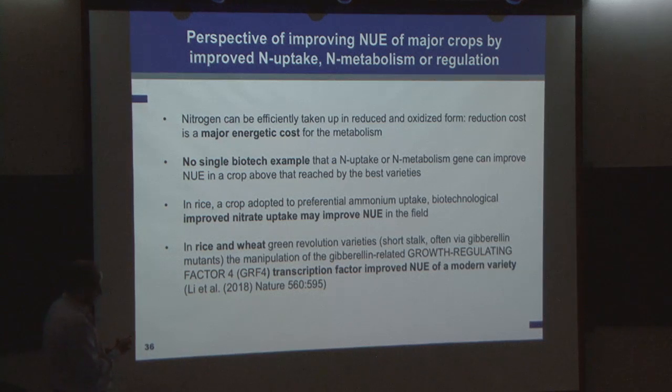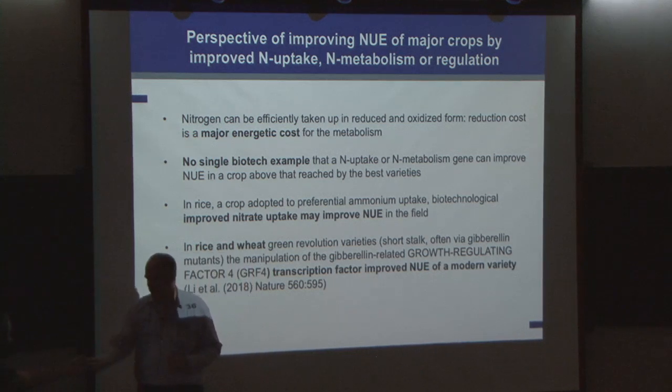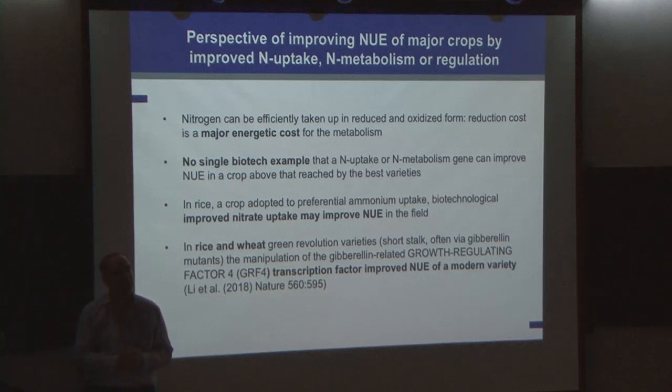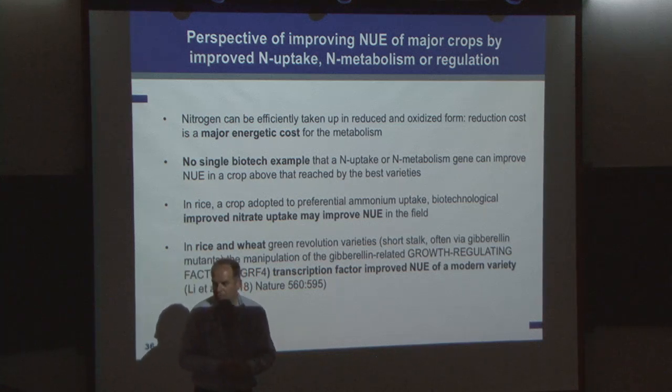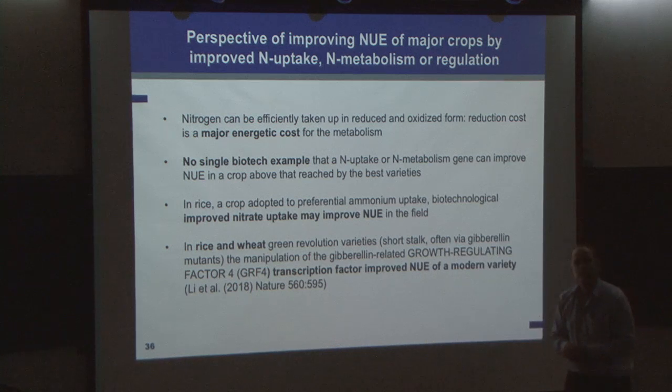So, do these kinds of studies help us improve crops by identifying certain specific nitrogen regulated genes? And there we first have also to do a literature review.